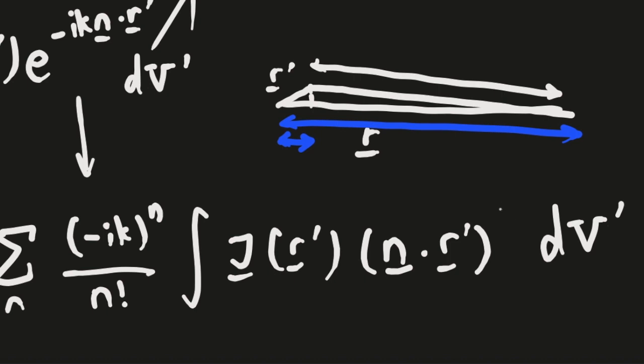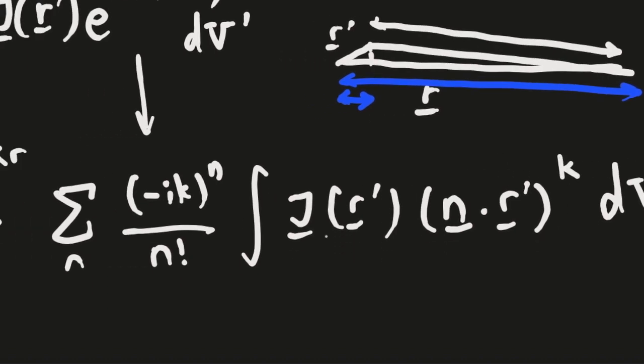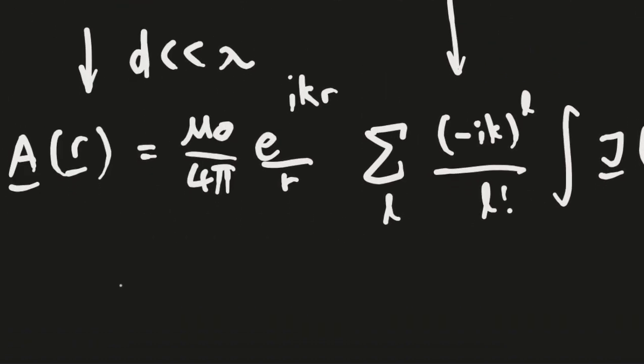This is pretty bad notation. Let me just rewrite that into something like k factorial. Oh, k is used. Let's just say l factorial. It's not really important, but it just hurts my eyes.